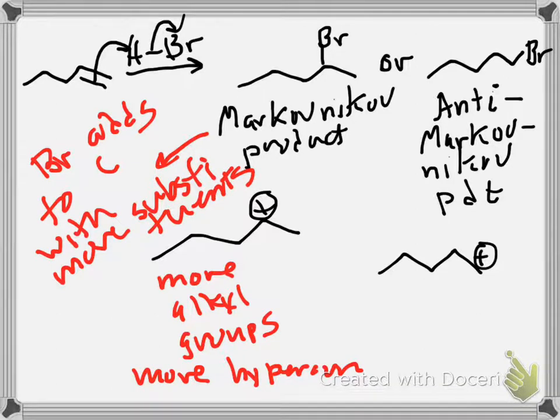The problem, though, is that substituents is too general of a term. So let me show you why it's too general of a term by looking at a slightly different example.